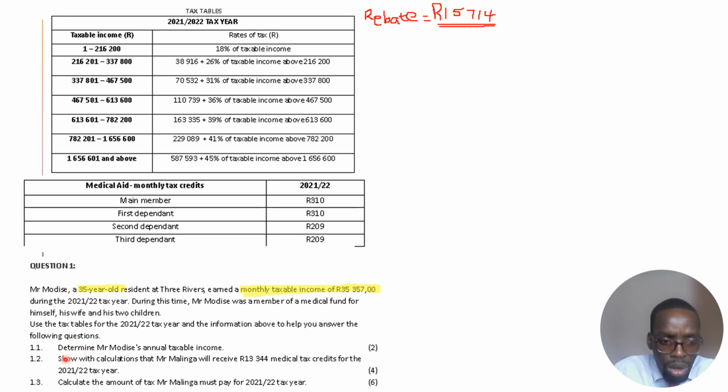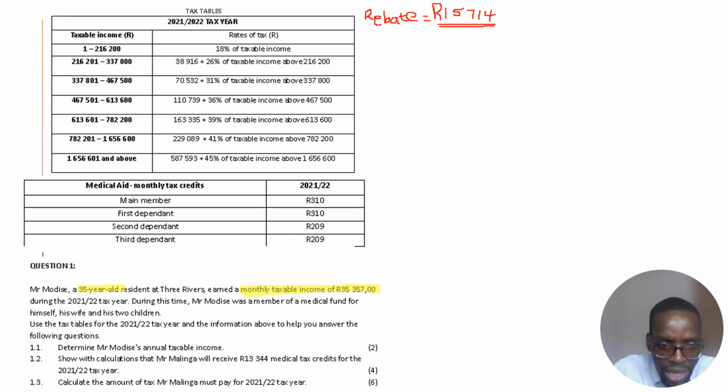Question 1.1: determine Mr. Modise's annual taxable income. Here it is a monthly taxable income, so we want to calculate the annual taxable income.